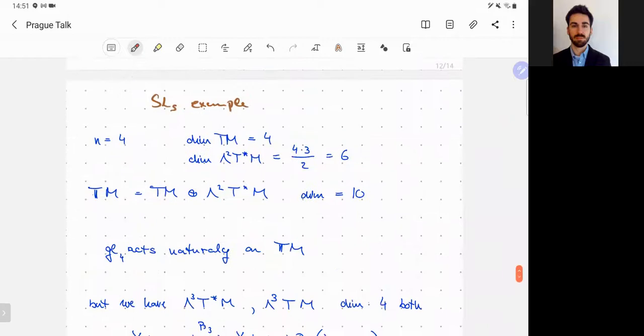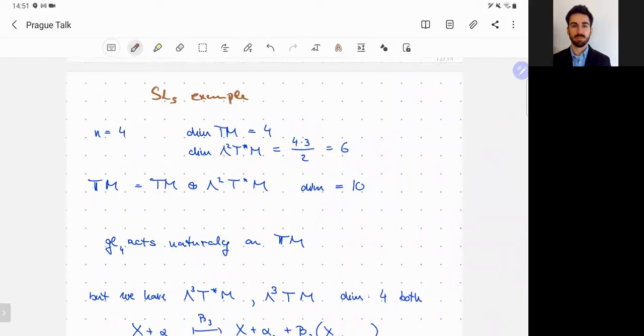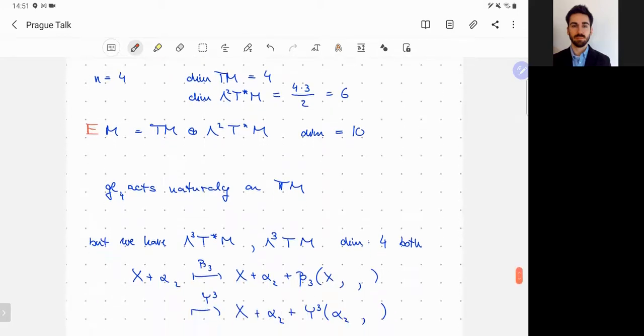The SL5 geometry has this four-dimensional tangent space, and if you calculate the second wedge power of the T star M, it's six-dimensional. If you put them together, this will be your exceptional tangent space, TM plus wedge 2 T star M. If you sum up 4 and 6, you get 10 dimensions. So this will be your exceptional tangent space.